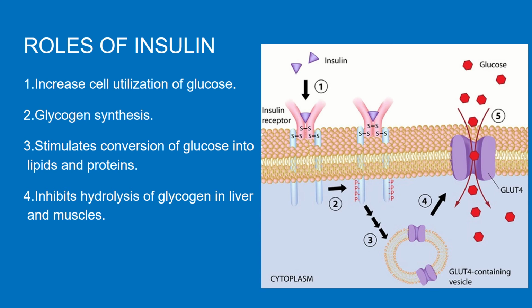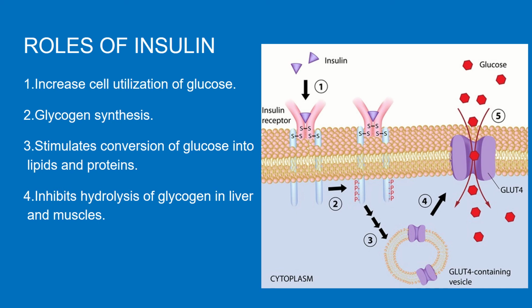Let's discuss how insulin promotes this uptake of glucose. As you can see from the diagram, insulin binds with the receptor molecule in the plasma membrane of body cells and acts as a key that opens the pores in the plasma membrane of cells for glucose molecules to enter into the cells.